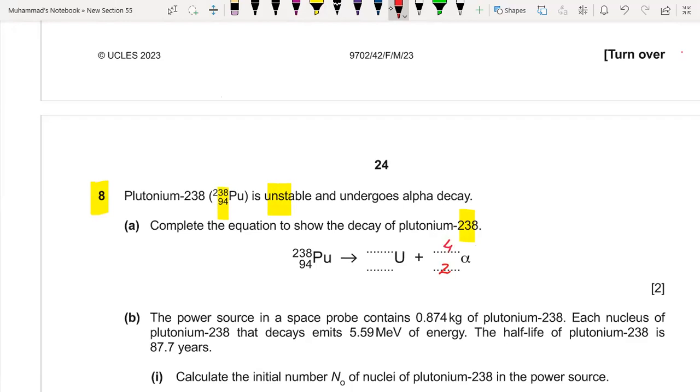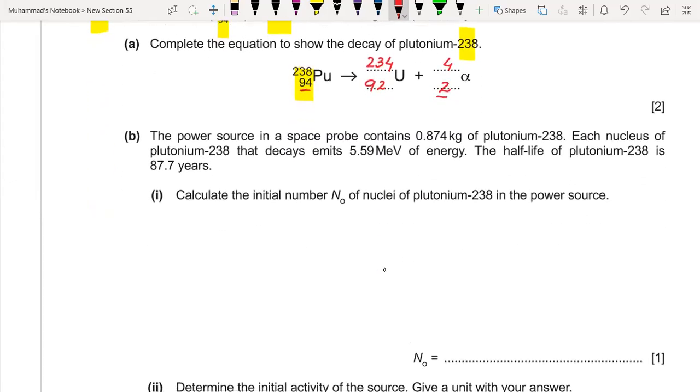In any reaction, proton number should be conserved and nucleon number should be conserved. So here you have 94, these are 2, so it should be 92, and it should be 234.